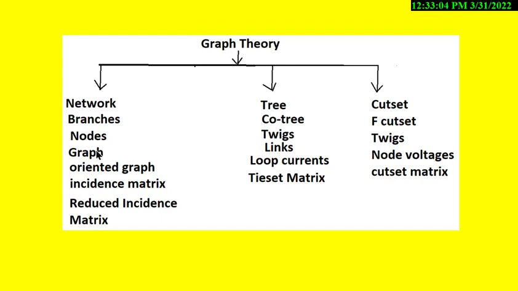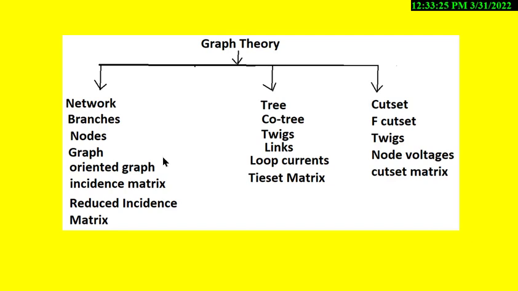A graph is a representation of all the branches with lines. An oriented graph shows the representation of all the elements with the help of lines and with current direction for each element.